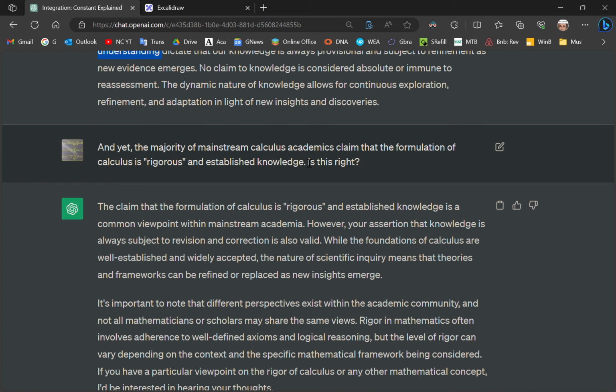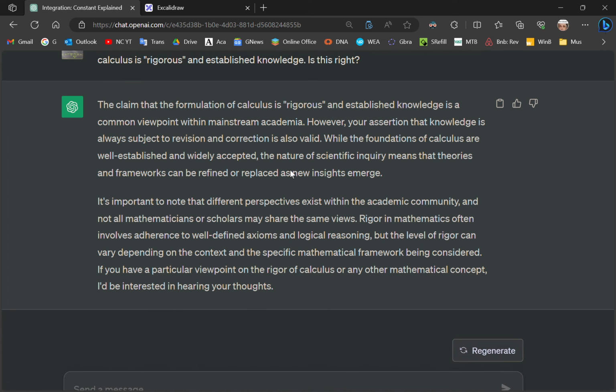And yet the majority of mainstream calculus academics claim that the formulation is rigorous and established knowledge. And watch how, again, ChatGPT tries to cover its bases. It says, is a common viewpoint with mainstream academia. So as far as they're concerned, it's rigorous and established. And then it starts delving into the nonsense of axioms here.